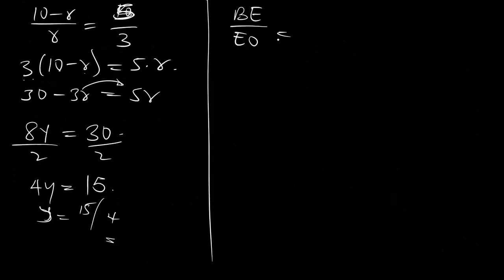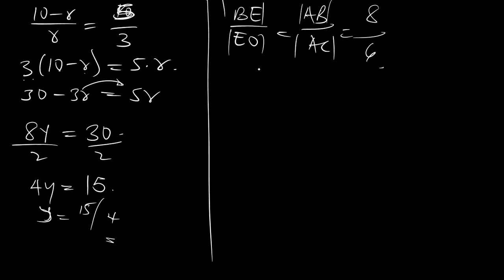So AB divided by AC. AB is 8 divided by AC, which is 6. If you divide this by 2, you have 4, and divide this by 2, you have 3. So 4 over 3, that is the ratio.